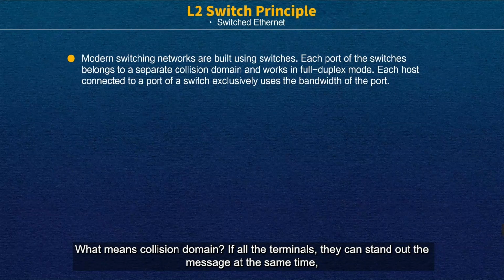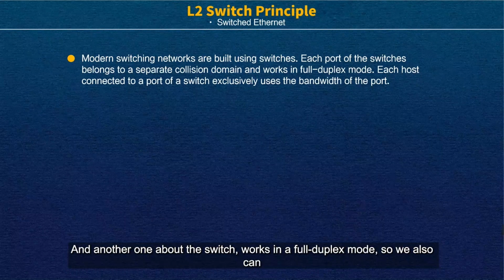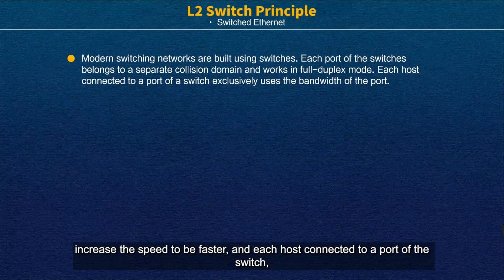If all the terminals can send out messages at the same time without conflict, that means they are located in different collision domains, and the switch works like this. Another point is that the switch works in full duplex mode, so we can also increase the speed.